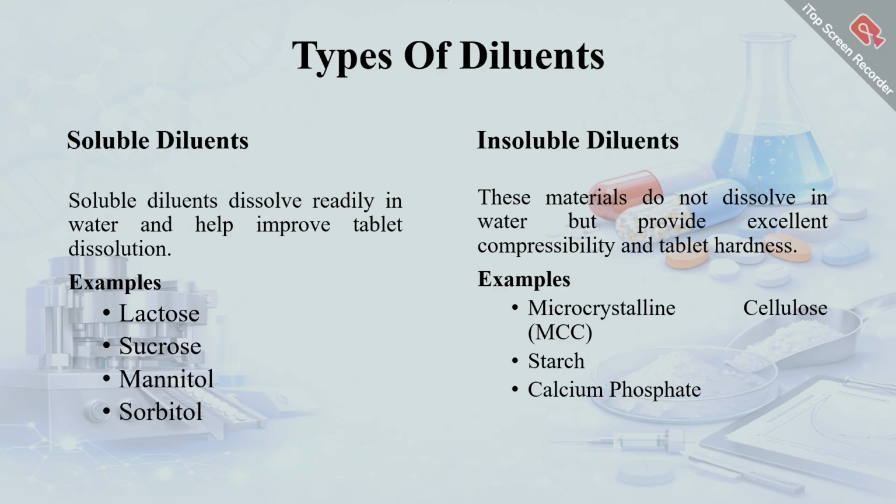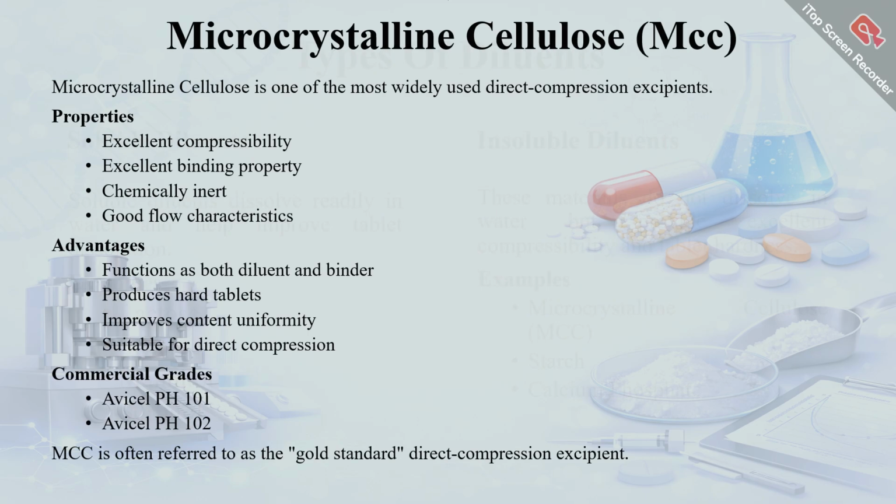The second type is insoluble diluents. They do not dissolve in water but provide excellent compressibility and tablet hardness. For example, microcrystalline cellulose, which is the major ingredient used in almost all tablets. Starch, calcium phosphate. See here, microcrystalline cellulose is one of the most widely used direct compression excipients.